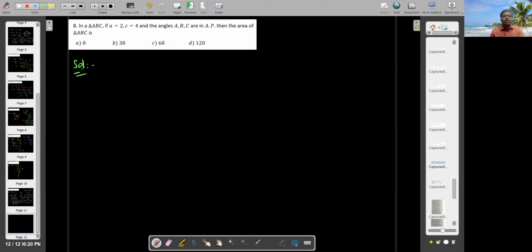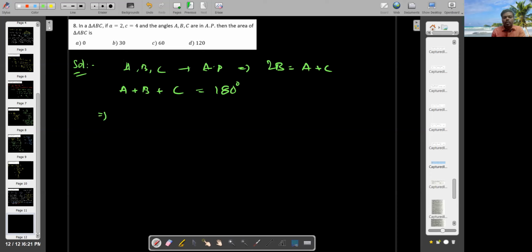In triangle ABC, if a is 2, c is 4 units, and the angles A, B, C are in AP. So A, B, C are in AP. So we can write it as 2B equal to A plus C. We know that sum of angles in a triangle is A plus B plus C equal to 180 degree.